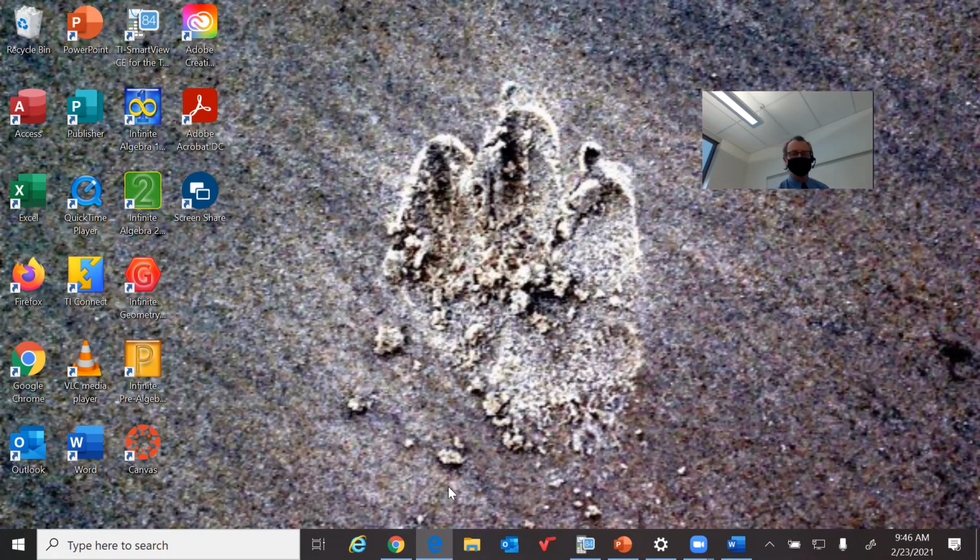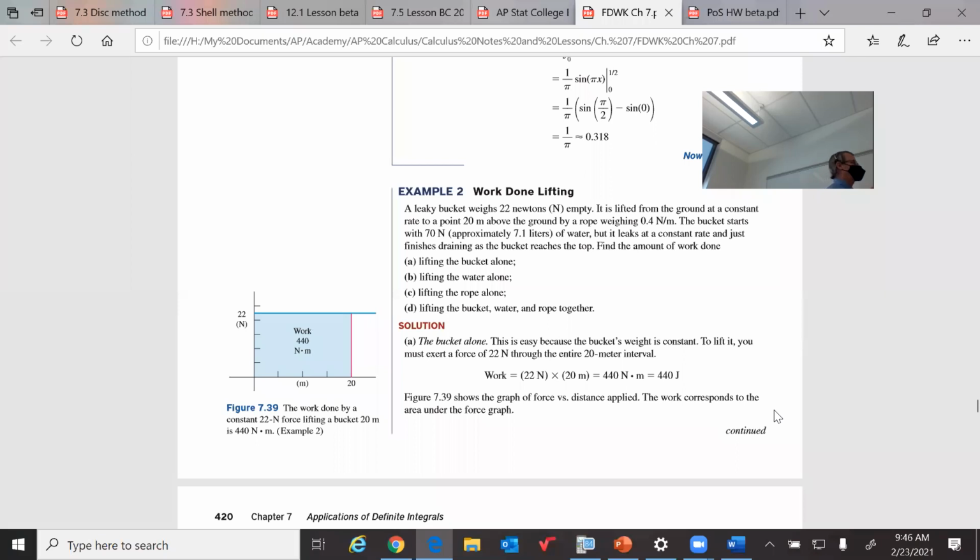Example 2 is the textbook's attempt to connect calculus to physics. Well, most people have completed physics or they're in physics now, but not everybody. So this is the publisher reaching out and saying, this is an application of calculus and physics.